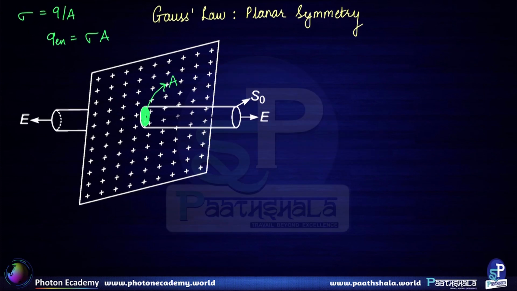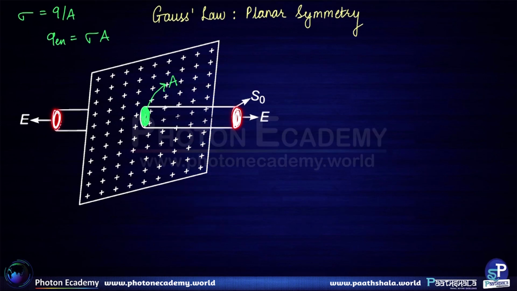Now, in order to apply Gauss law, we would like to find out how much flux emanates from the surface, and we have just seen that the flux is going to emanate only from the planar surfaces.